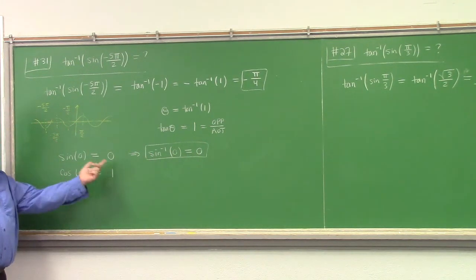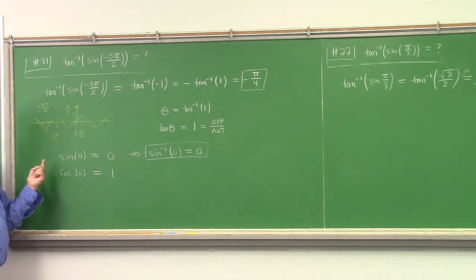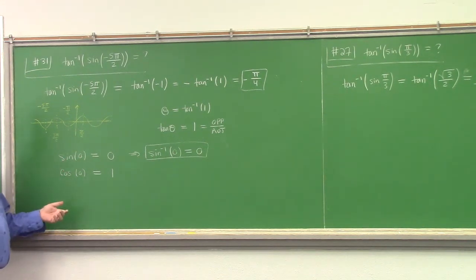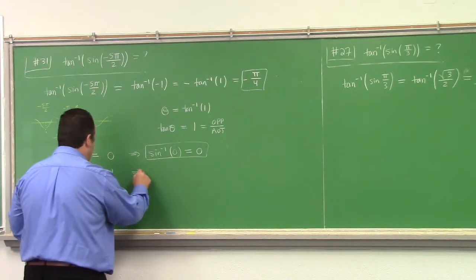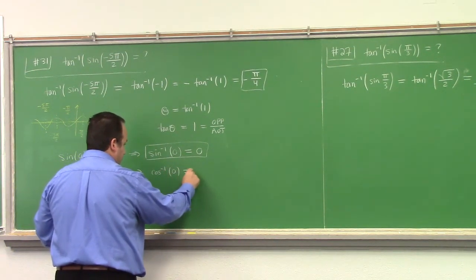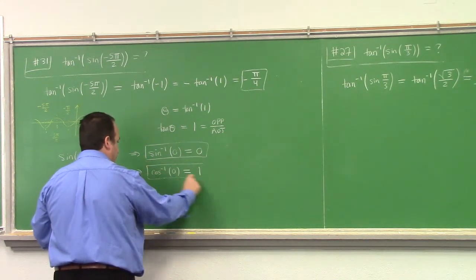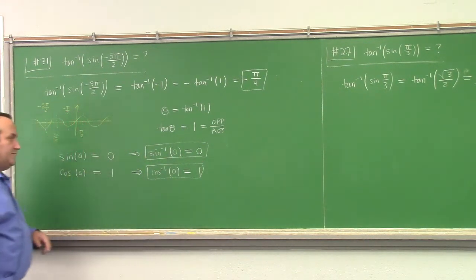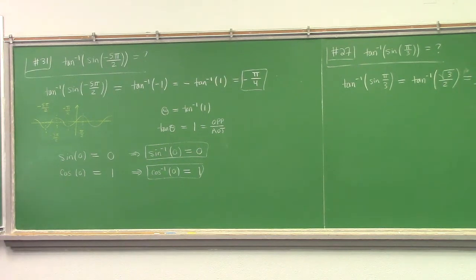And likewise, cosine inverse of 1 is equal to 0. What's the inverse tangent of 0?